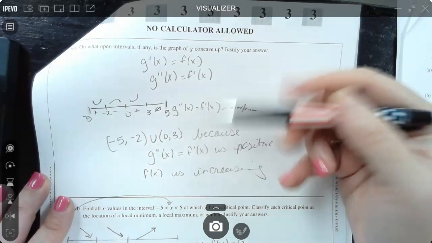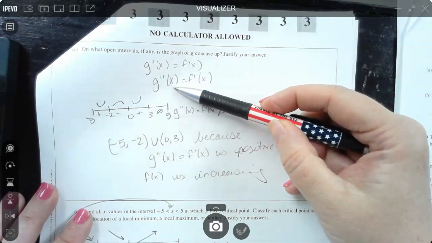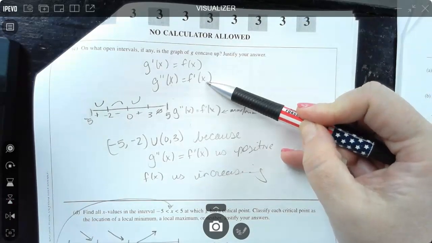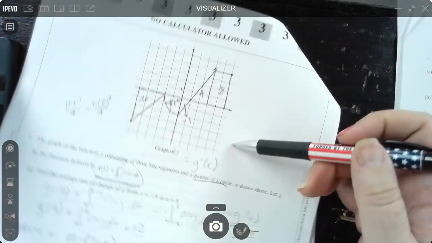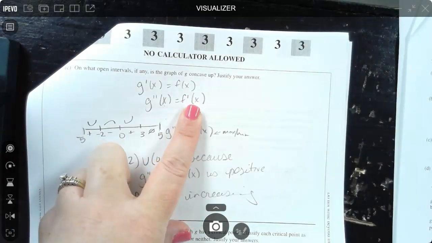Remember, concavity deals with the second derivative. The second derivative of g is the first derivative of f. So looking at your graph of f, I need to think about the derivative of that graph, the slope, in other words.